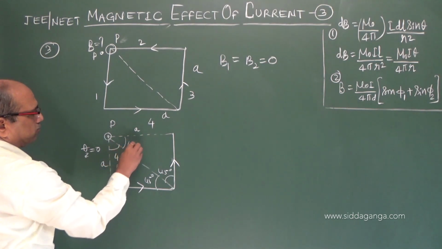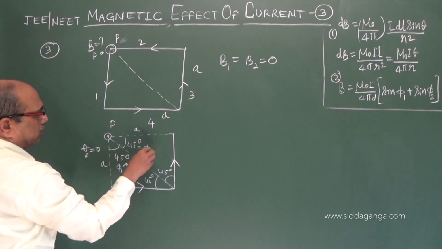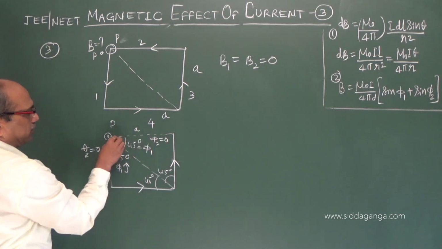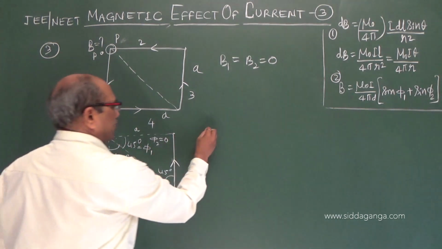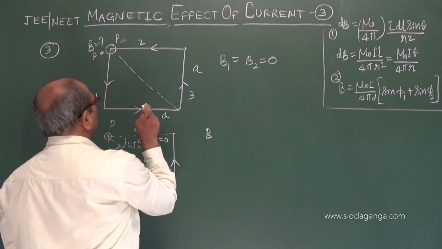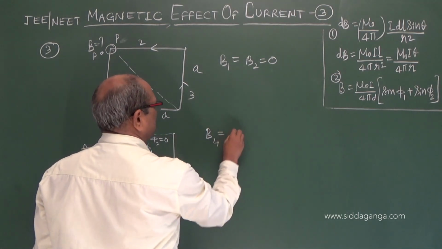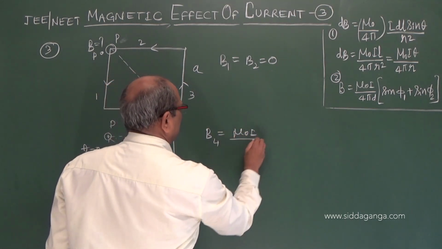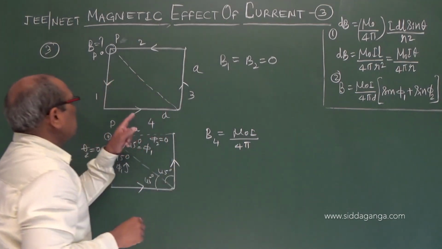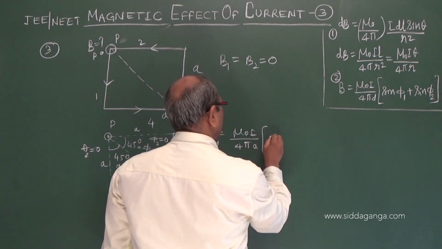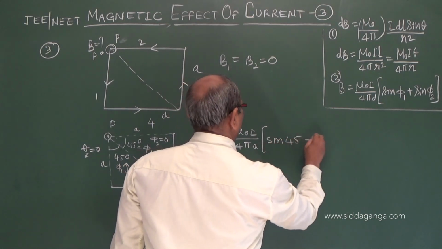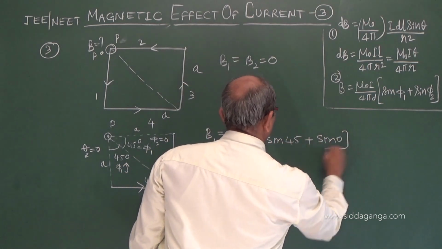Similarly here also phi 1 is 45 degrees, phi 2 is again 0, as it is the end point. Therefore if I take the first one, maybe B4, mu naught I by 4 pi d, d is nothing but a, 4 pi a into sine 45 plus sine 0.